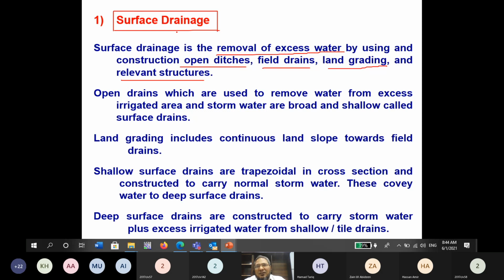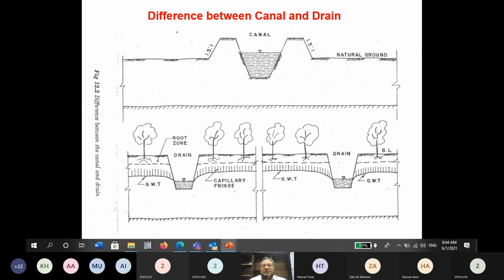Okay. So these seam nalas, you might have seen the seam nalas. The main purpose of the seam nalas is what I would like to show you here. Now this one is a canal, and these are the embankments of the canal. This is a canal, and this is basically a drain, a surface drain, and this whole thing is called surface drainage. So whenever there is irrigation or rainfall, that water goes from the surface into this drain.